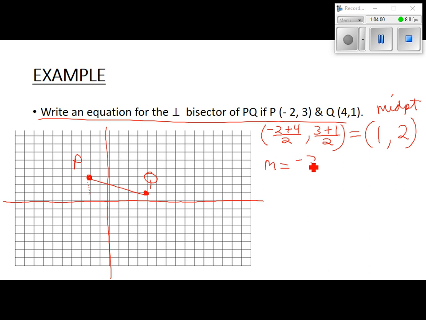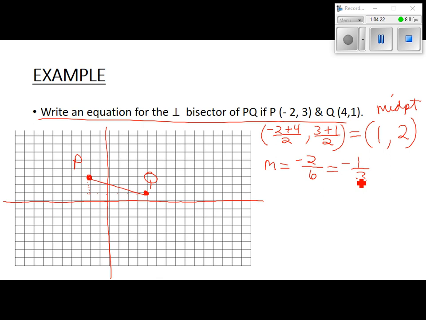So that's a negative 2 on top. Then we count over. Count for me as I go. So over 6, what's that reduced to? Negative 1/3. So we got the slope, we got the midpoint.